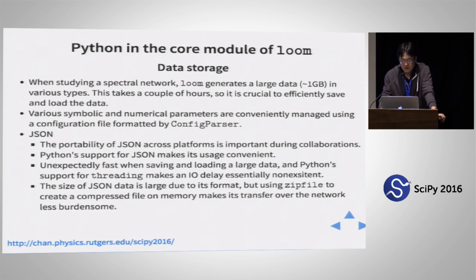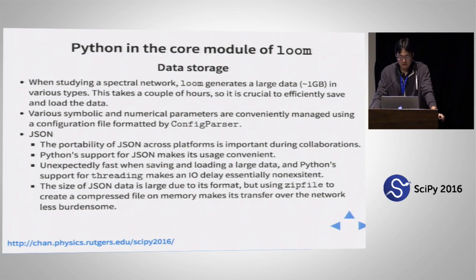So it was very important. There are two parts of data. The first one is the configuration, containing the information regarding the theory and the numerical setup of the run. And this was done using the Python module configparser. And there is the generated data.